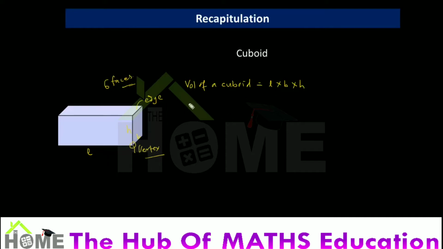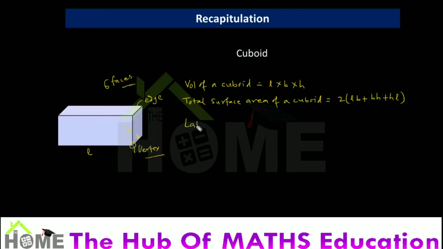And the total surface area of a cuboid is equal to 2 into (length into breadth plus breadth into height plus height into length). That gives you the total surface area of a cuboid.